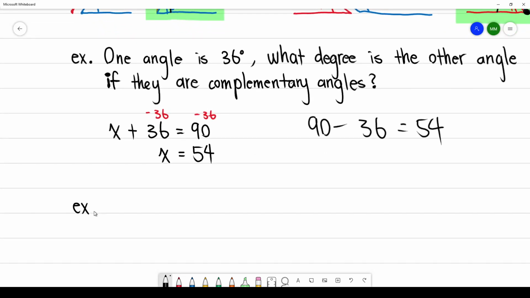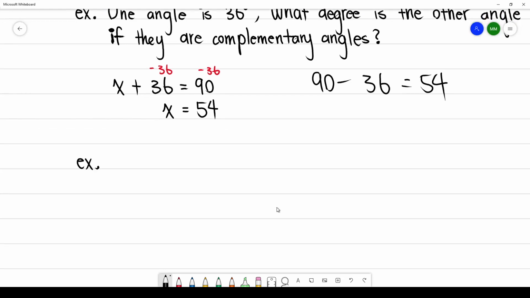And then another example, let's say, so I have something like this.